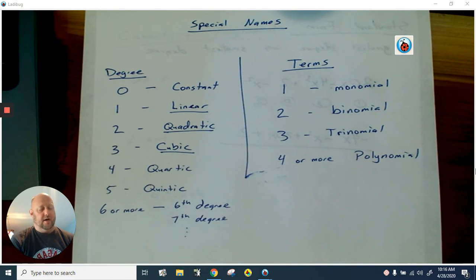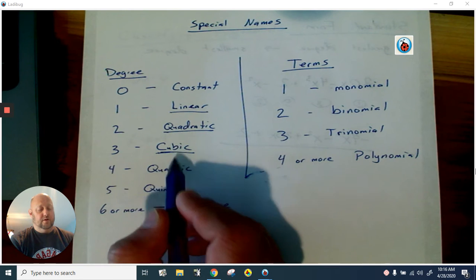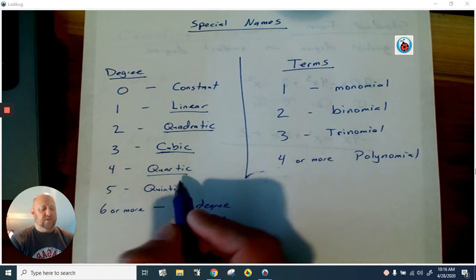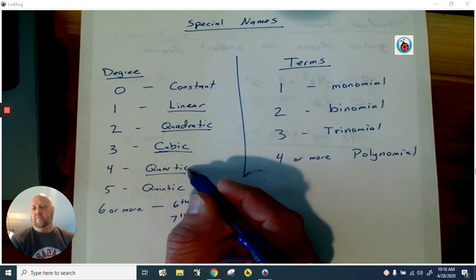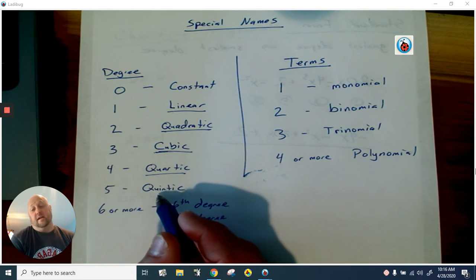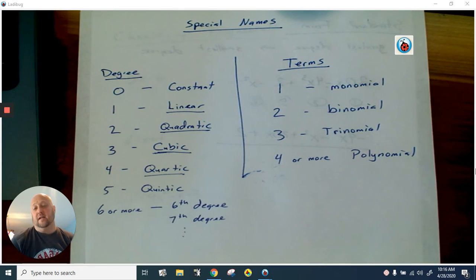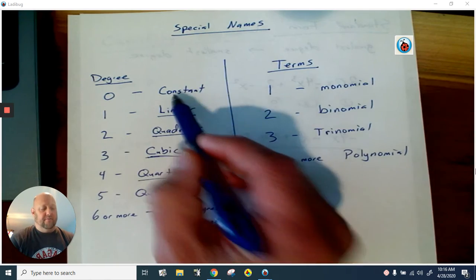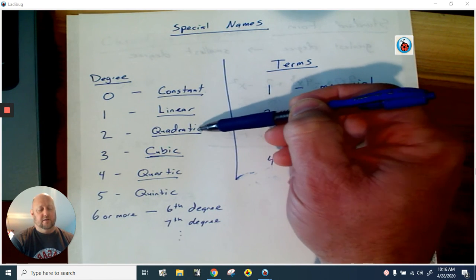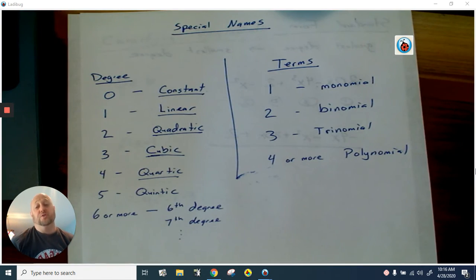Cubic is a pretty popular one that we use a lot of. The quartic, not as much. This is starting to get into the realm of not used very often. Quintic, very, very few people even know that word. Okay, but I would make sure you know constant, linear, quadratic, and cubic for sure.